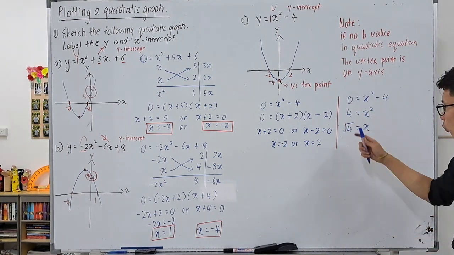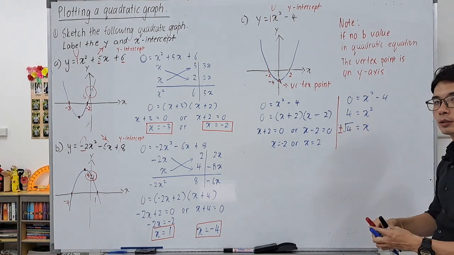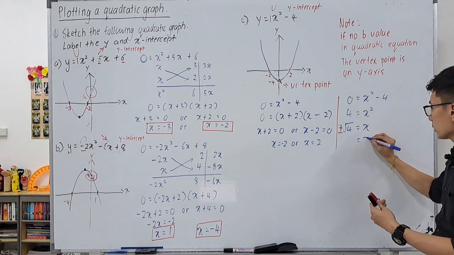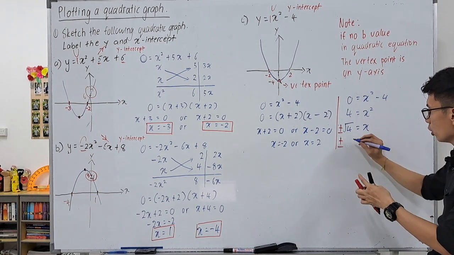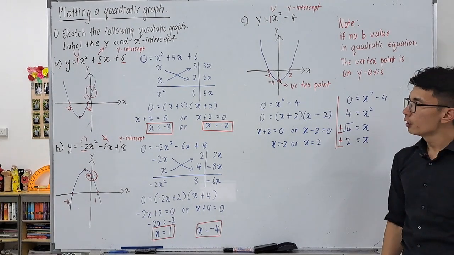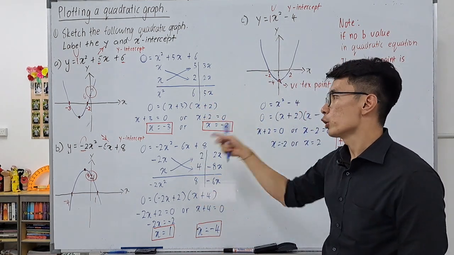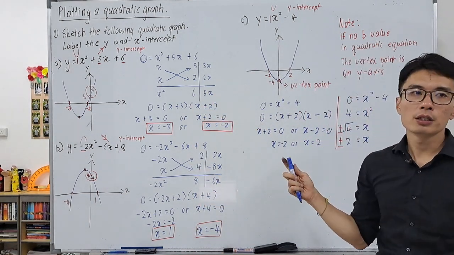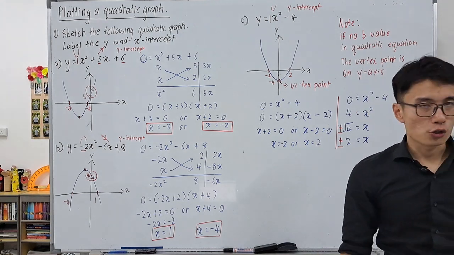So when you take the square root, add the plus or minus. So x equals plus or minus 2, which is the same as this over here. That is how we sketch the graph based on the equation, and how we find the x-intercept by utilizing factorization.